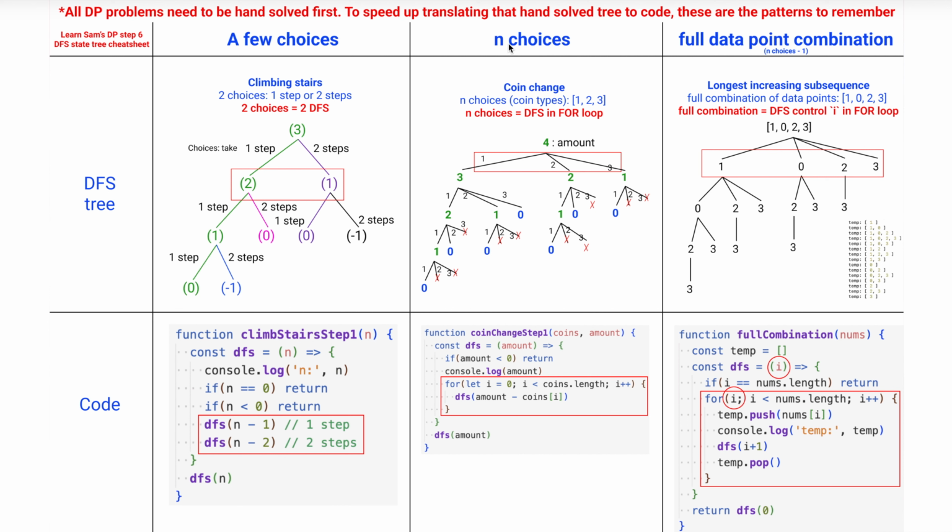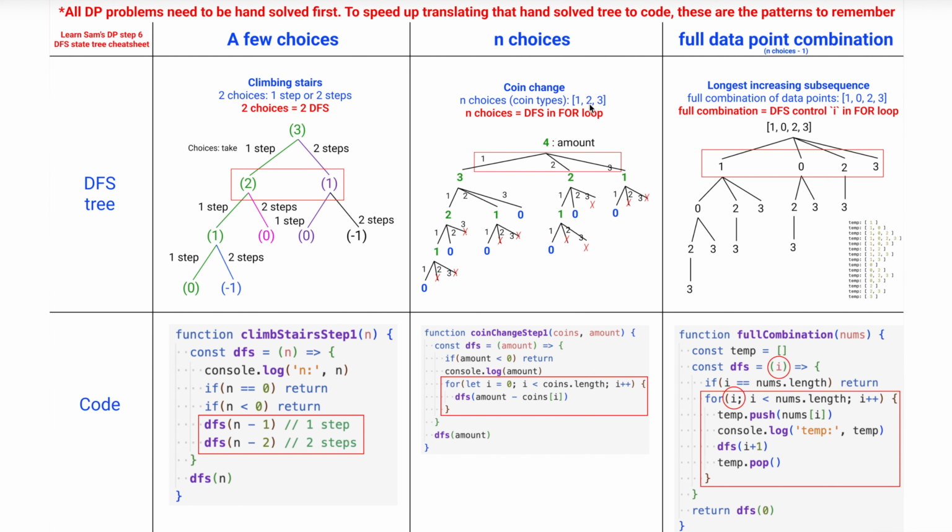The second pattern is n choices. That means we're going to have an array of choices given by the problem statement. For example, in the coin change problem, we have n choices with n types of coin values. We have a coin of 1, a coin of 2, and a coin of 3. This array of input can be more or less.